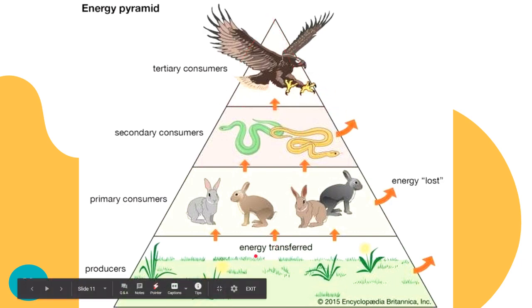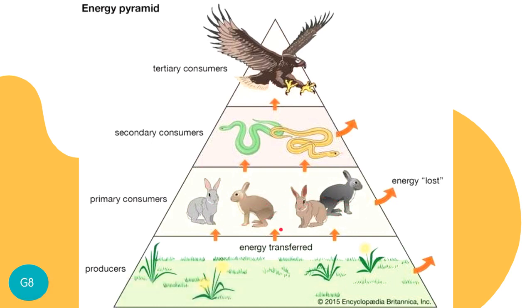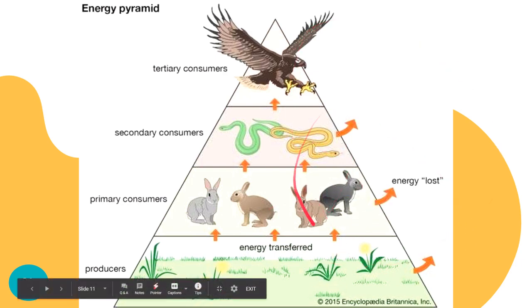Okay, so the energy pyramid shows us that the most number of organisms are found at the base, and those are mostly your producers. But as you go to the next trophic level, the number of individuals decreases, as well as the energy being transferred. Now, another thing you have to note is that at every trophic level, energy is lost. Okay, we've established this in the previous video.